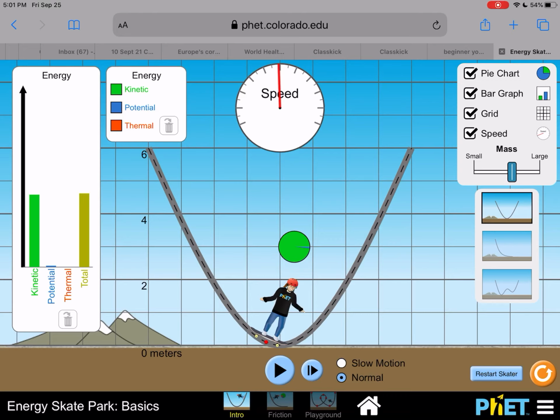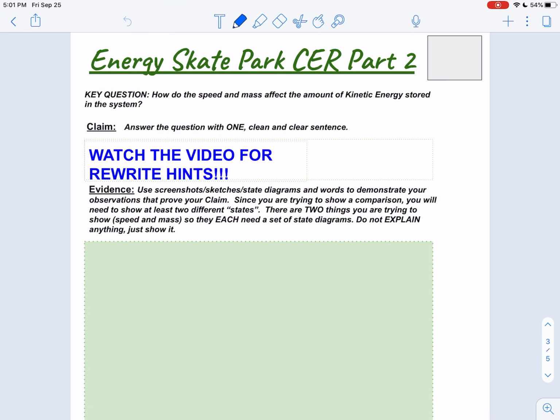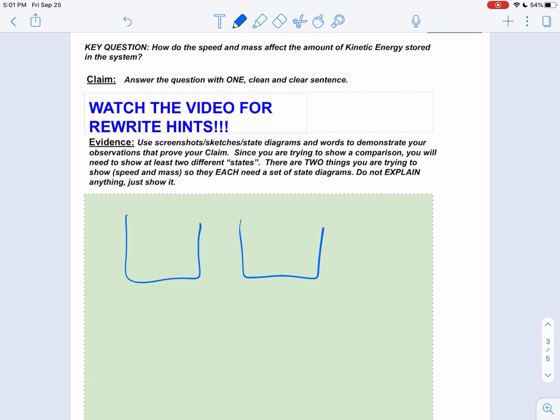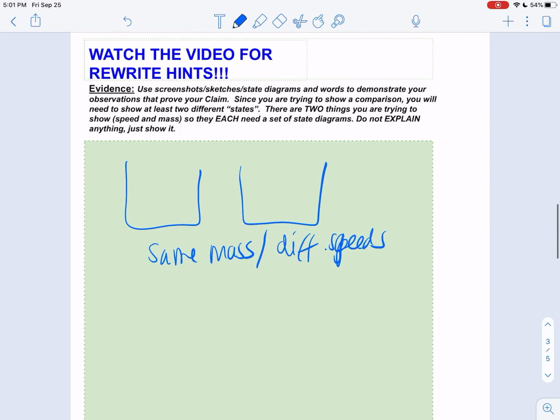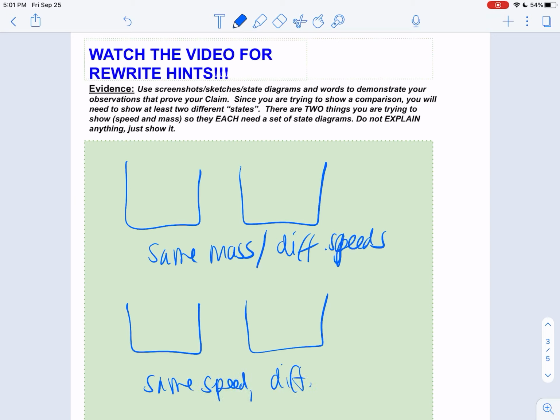So you have 2 screenshots for mass and 2 screenshots for speed. You'll have 2 screenshots that show the same mass, different speeds, and then you'll show 2 screenshots that show same speed, different mass.